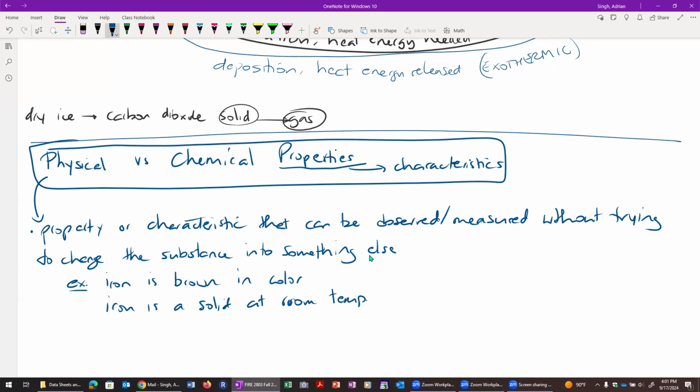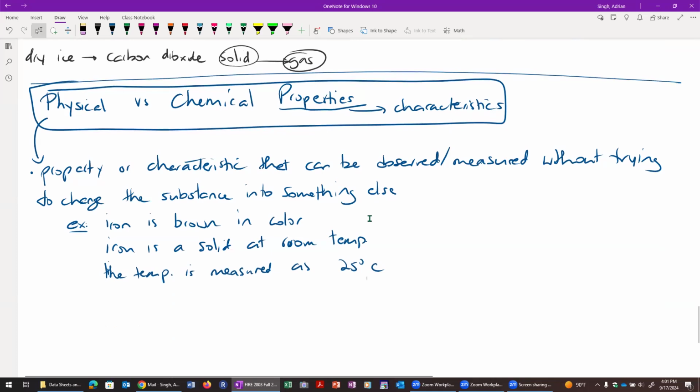That is a physical property. We're not trying to change anything else. We can say the temperature of iron is measured as 25 degrees Celsius. That's just the temperature. You can make that measurement without trying to change it into something else. So those are physical characteristics, or physical properties.